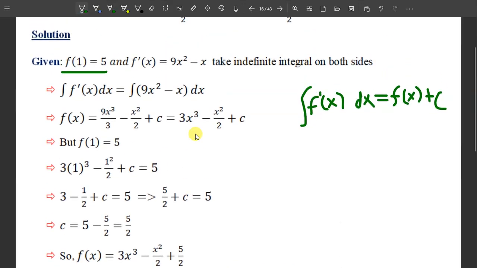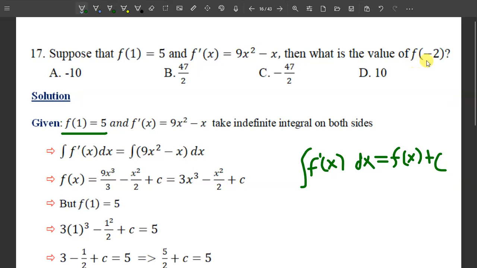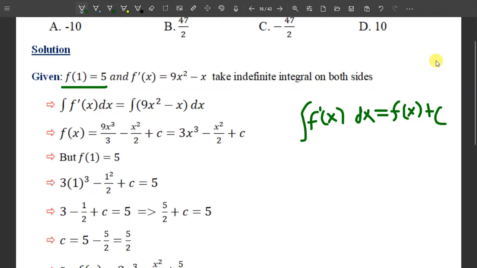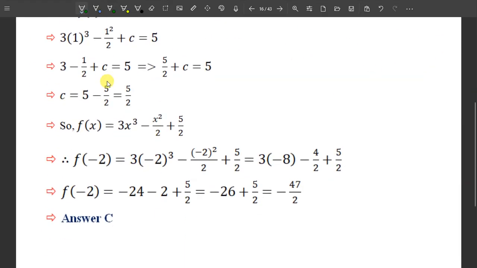But the question says, what is the value of f of minus 2? We were not asked to determine the function f of x, but we were asked to find the value of the function at x equal to minus 2.